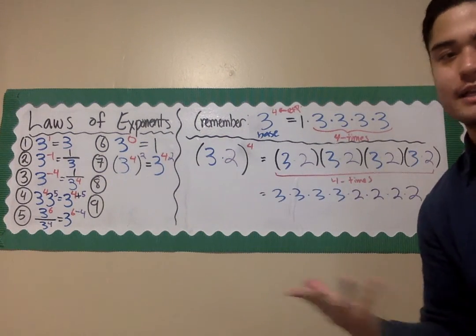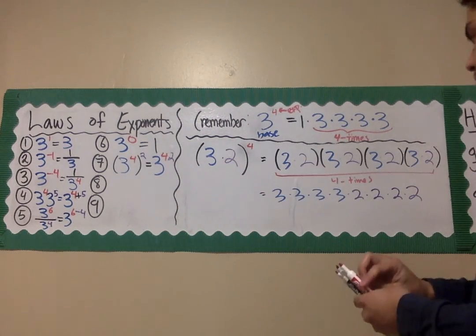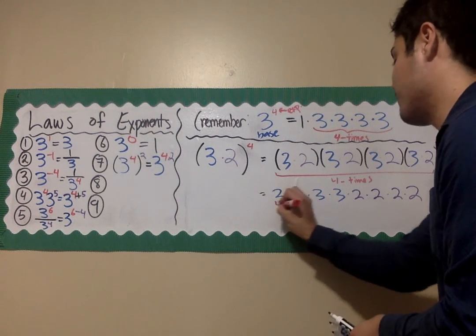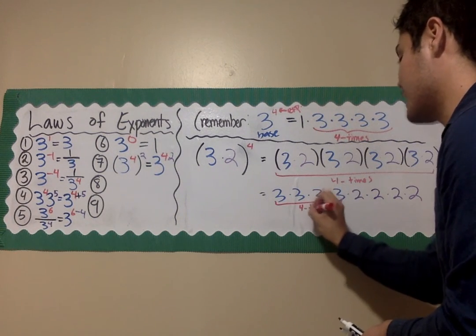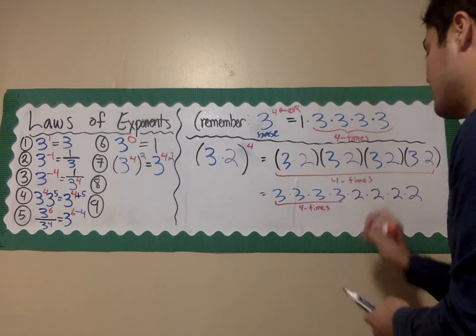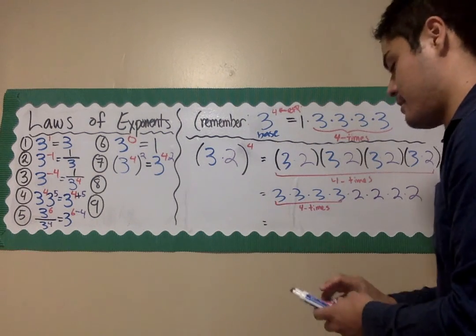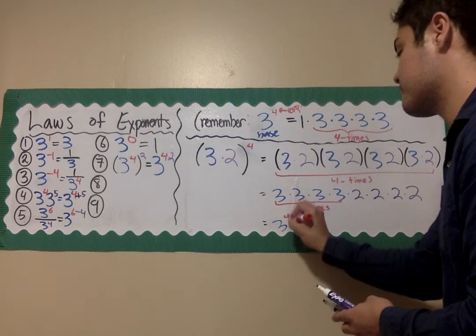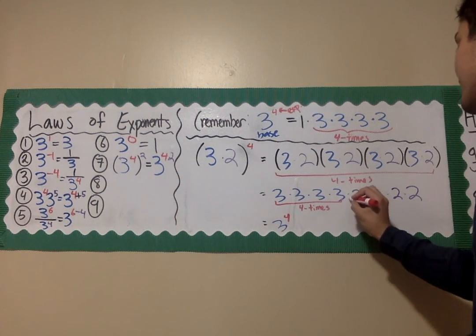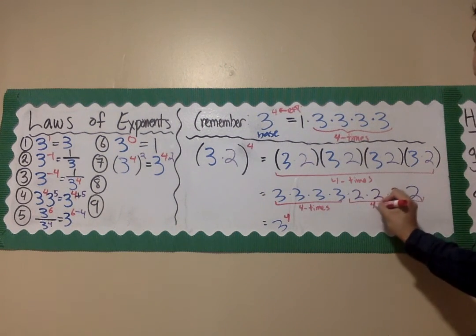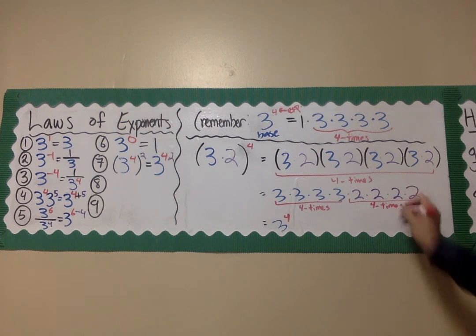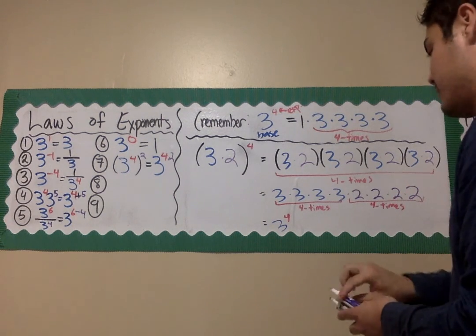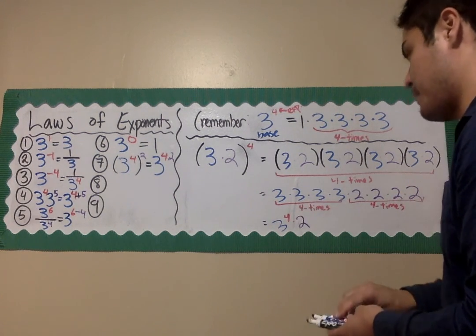Since we're doing multiplication, I could do that. Note that there's 4 3's being multiplied. So that's the same thing as writing 3 to the power of 4. And also note that there's 4 2's being multiplied together. So that's the same thing as writing 2 to the power of 4.